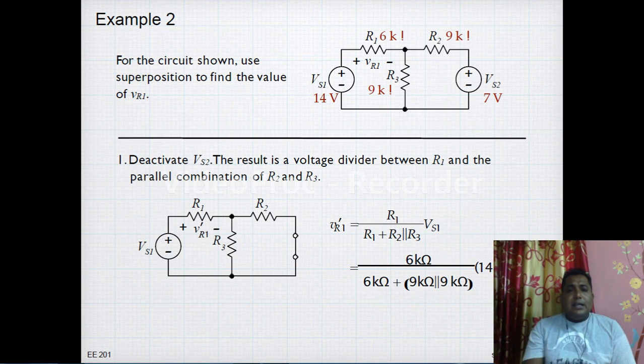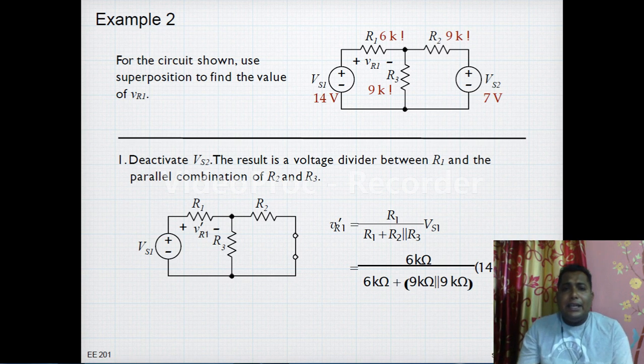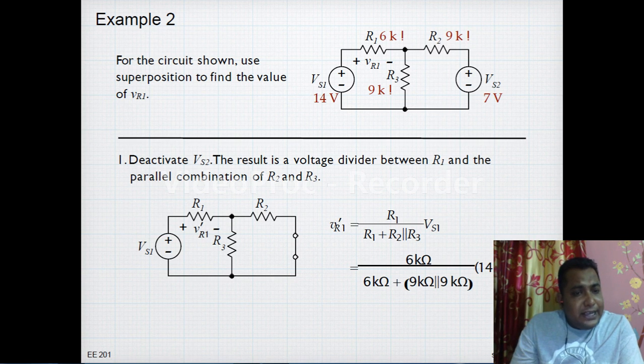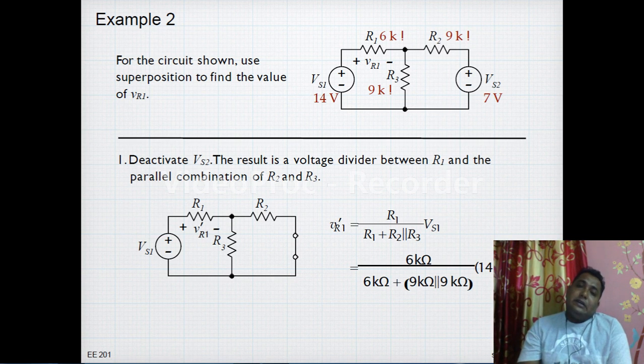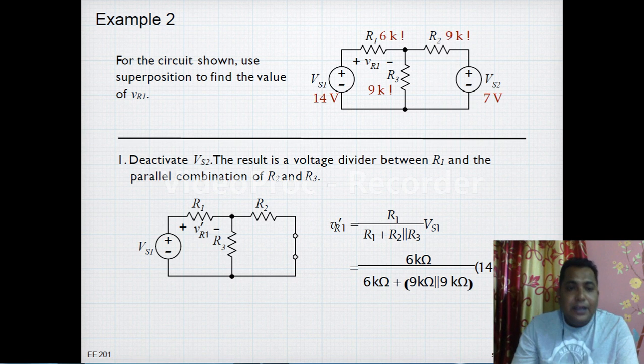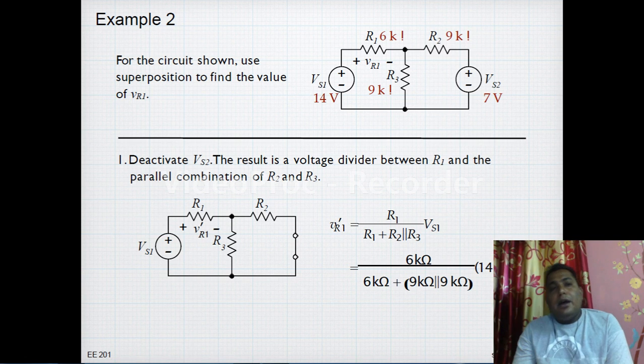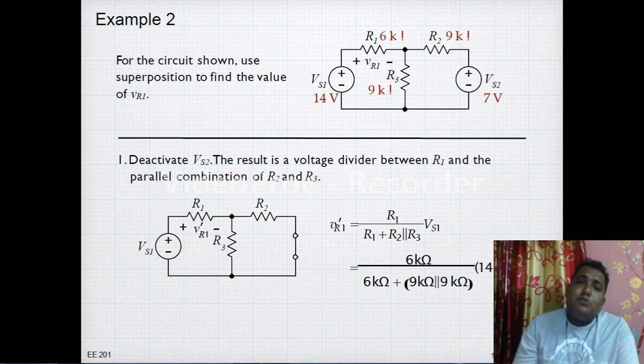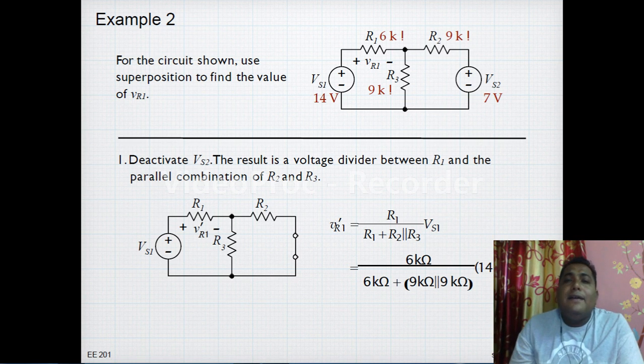Yes, this is a circuit I have given as example number 2. Here we have taken two voltage sources, Vs1 and Vs2. Just reading the problem statement: for the circuit shown, use superposition to find the value of VR1.